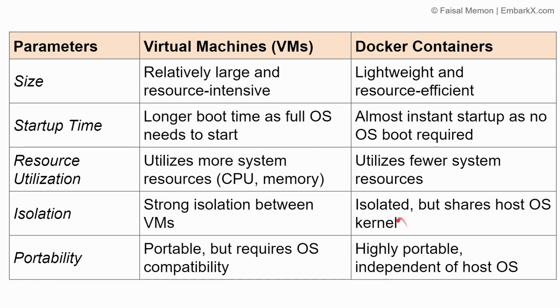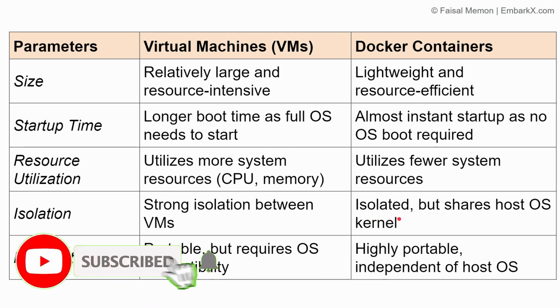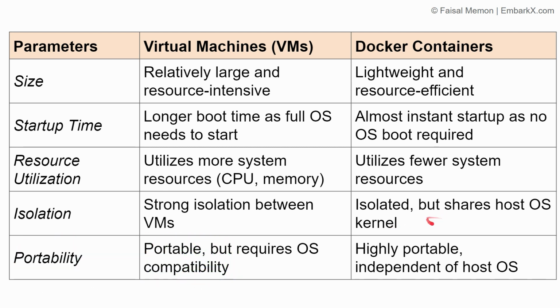But a Docker container is isolated, yet it shares the host operating system kernel. That is it, and this is completely fine, I would say, provided that's the requirement. Then you have the difference of portability. Virtual machines are portable, but they require compatibility in terms of operating system, and Docker containers are highly portable and independent of the host OS.